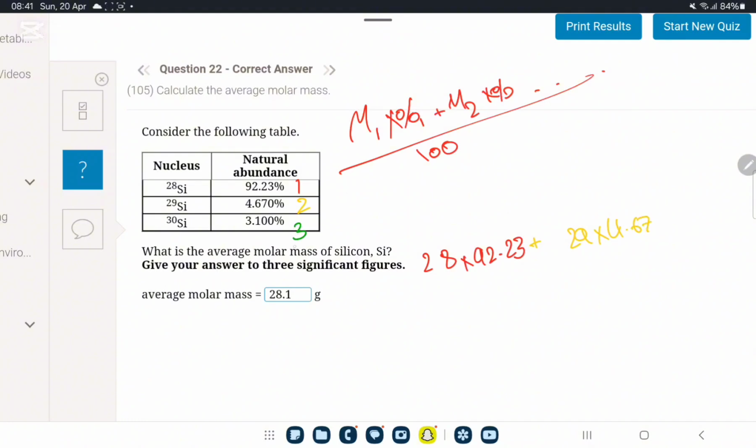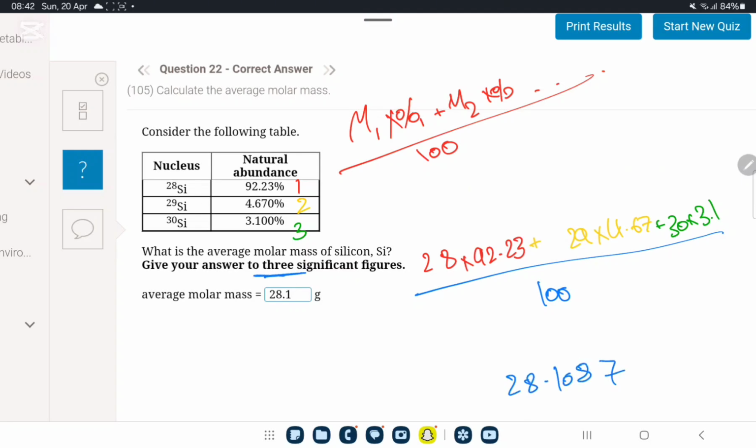And then our 3, it's 30 times 3.1 over 100. I'll put it in the calculator. And then you get 28.1087. They want 3 significant figures, so take the first 3, check if it has 28.1. I'm not gonna teach you rounding.